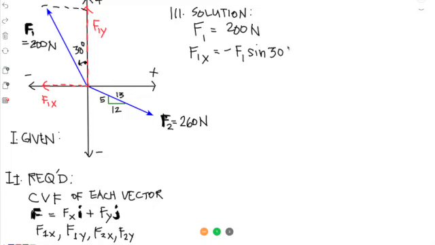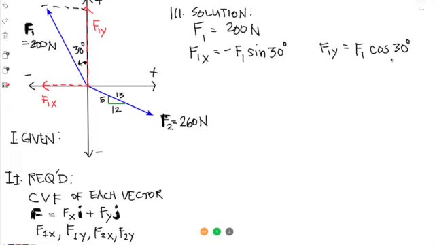Sine 30 degrees is 1/2. So this would be our equation for f1x. For f1y, on the other hand, it happens to be adjacent to the angle, and it's in the positive direction, so we'll write it as the magnitude of f1 multiplied by the cosine of 30 degrees.